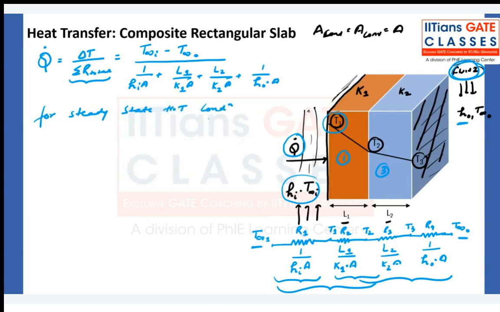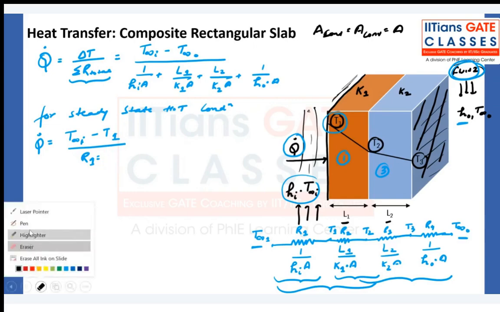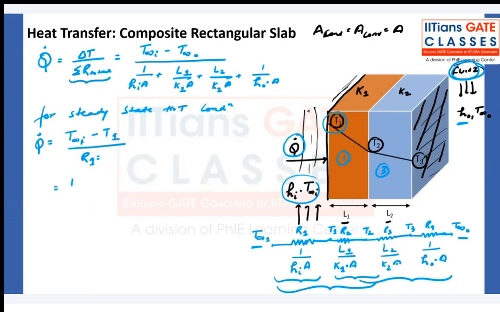So I can say Q dot is also equal to, now whatever temperature difference you are taking, you have to take their resistance. For example, let's say you are taking the first resistance only, T infinity 1 minus T1. So you will take the only resistance R1, which is equal to 1 upon h_i A. You can also take any two resistances, no problem.